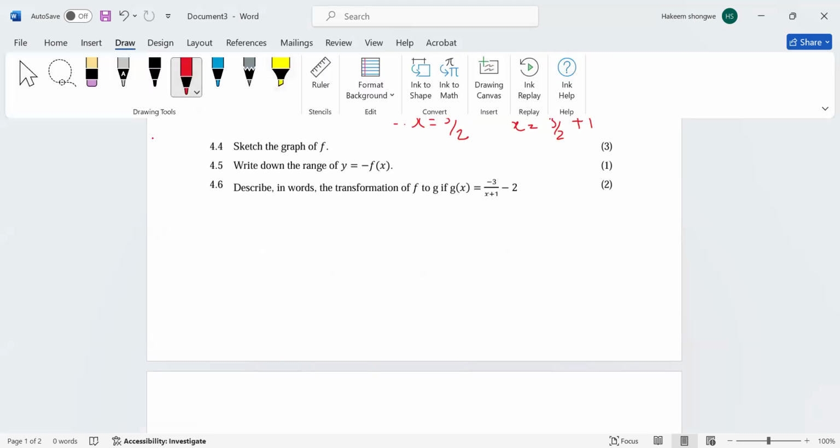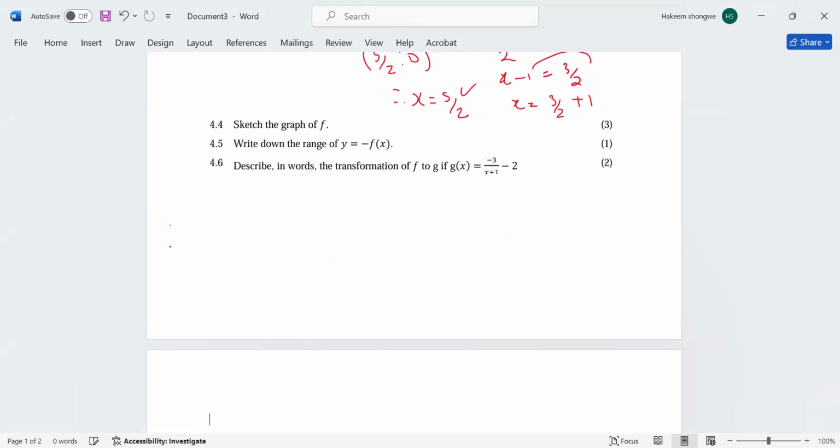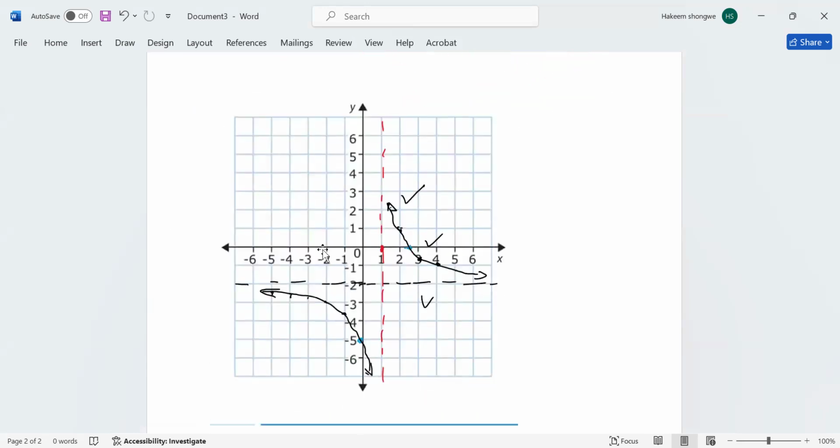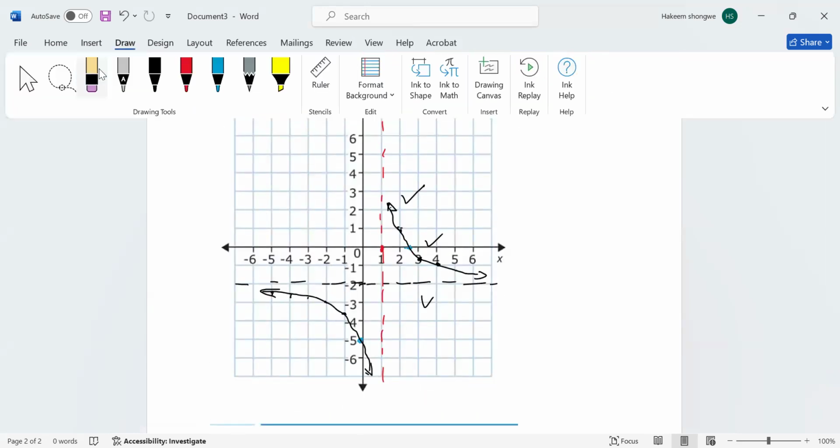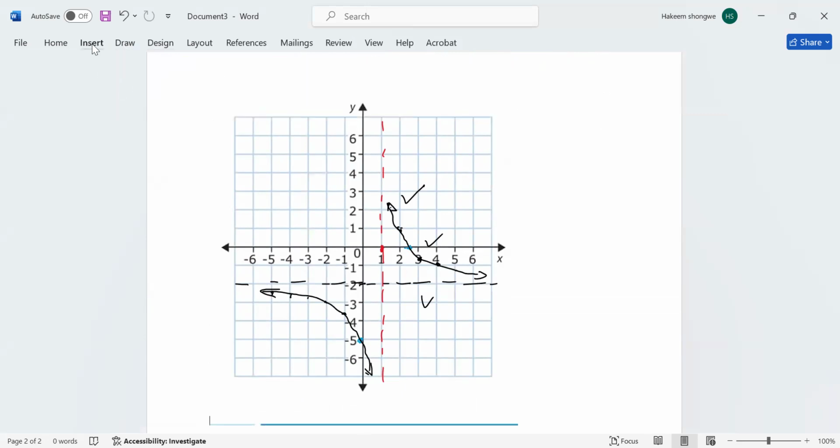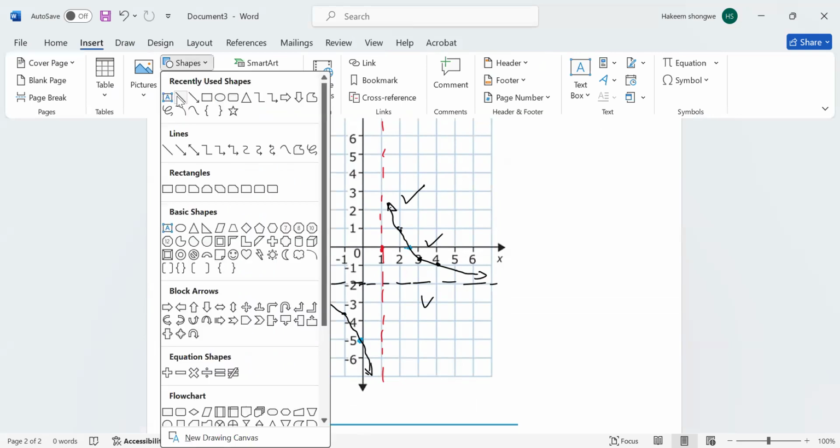For the range, we need to use the horizontal line. So you can take out your ruler in your exam and tell them, I want to get the range of this thing.